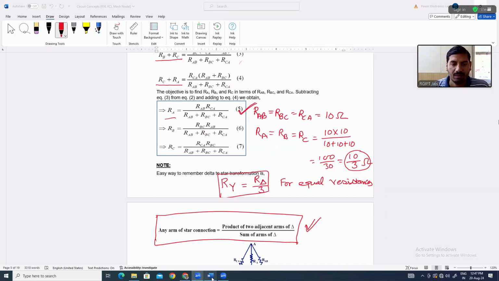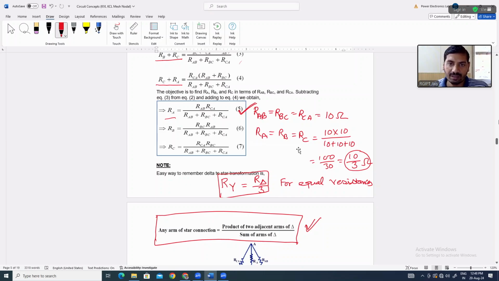Recording in progress. Okay. So you can see that if delta connected resistances are given and all are equal, then in star connected resistances you can find R star is equal to R delta divided by 3. We have seen in this example that we have taken equal values of resistances connected in delta, that is 10 ohm.